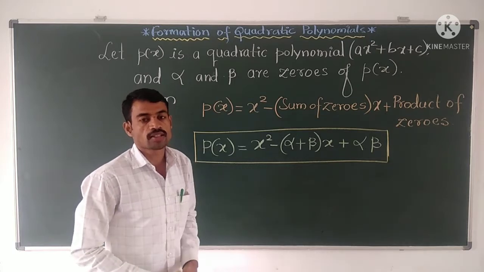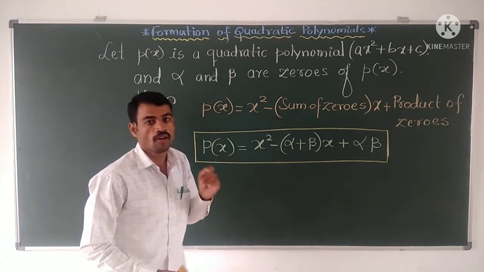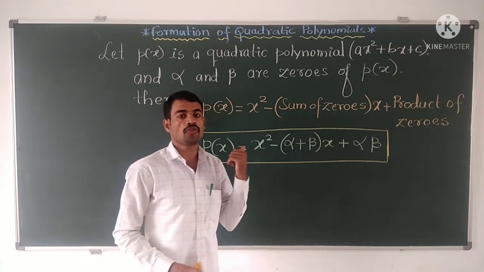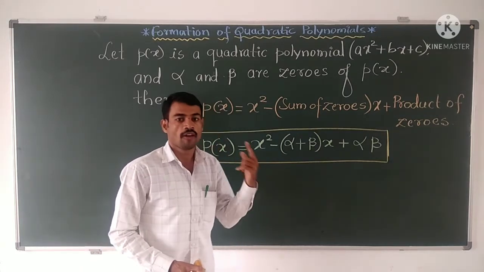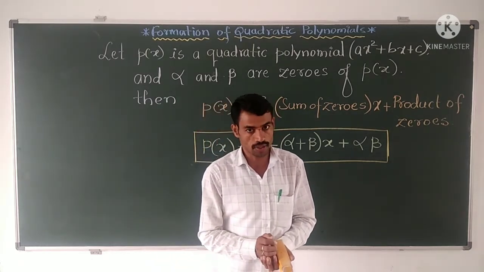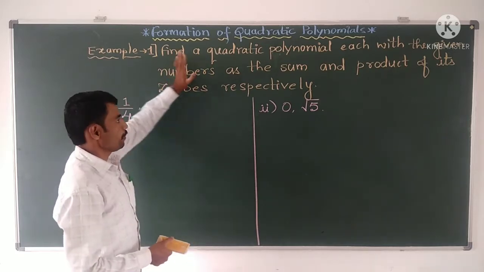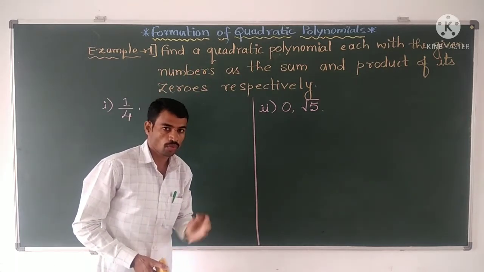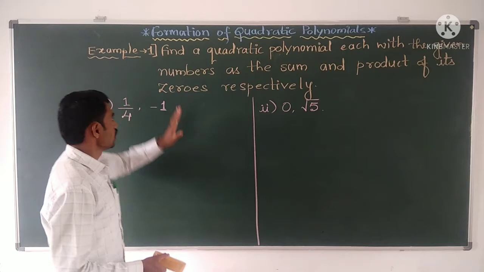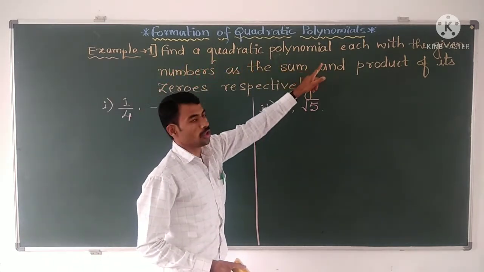Next we see some examples of how this formula is used for the formation of quadratic polynomials when the sum and product of zeros are given. Okay, see the first example. Example 1: find a quadratic polynomial.